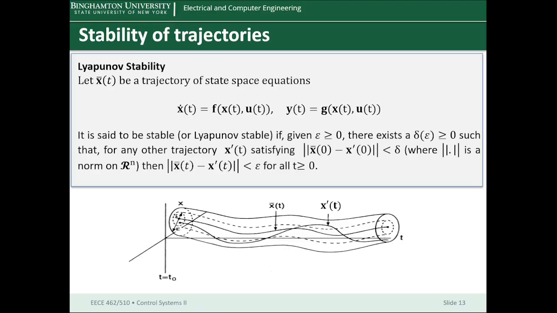As we have seen in the definition of trajectory stability, there is no guarantee that starting near our desired trajectory will lead us to converge to it. The trajectory may remain close, but not necessarily approach the desired trajectory.